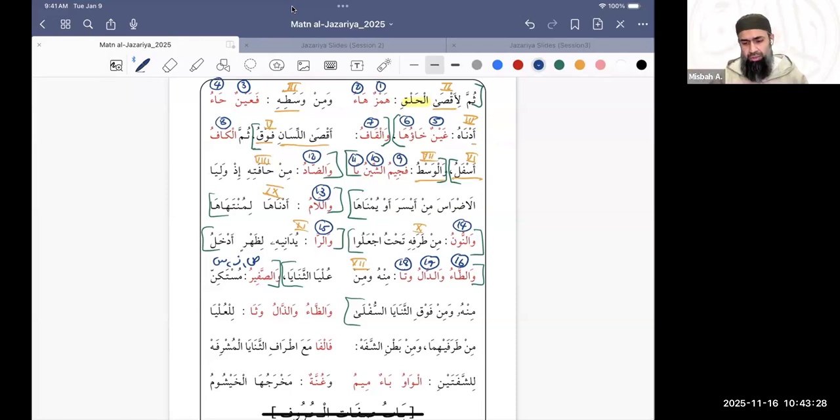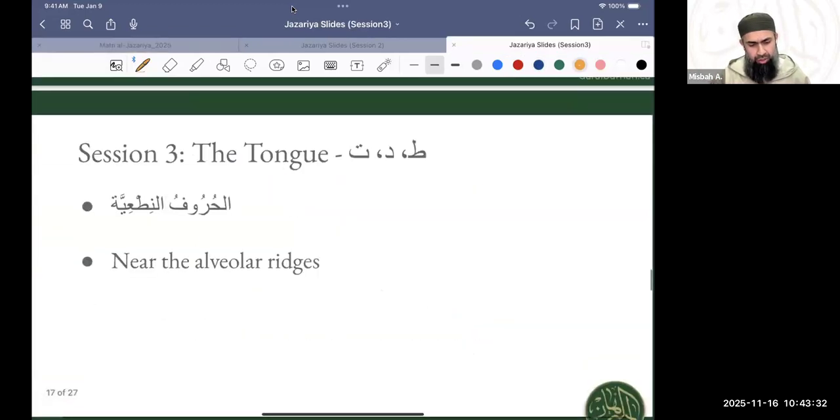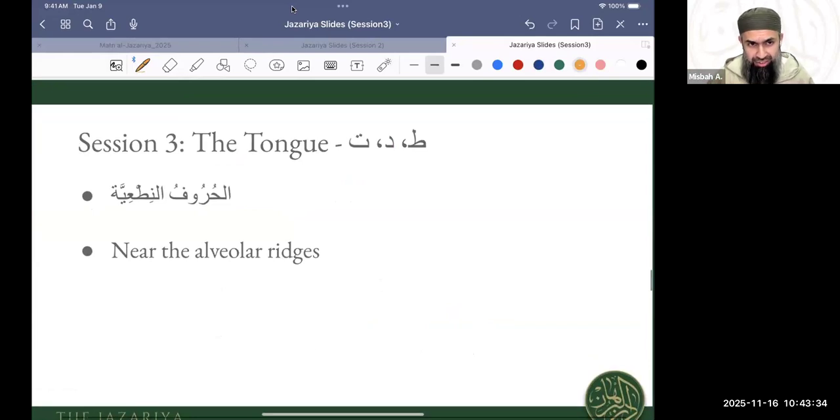Okay? So can I unpack this a little bit? Let me try. Oh, I forgot this again. Go back to the ones before. طا, دال, and تا. They're called الحروف النطعية. النطع, the hard palate, is where the alveolar ridges are. Sometimes they call it the pre-palate area.